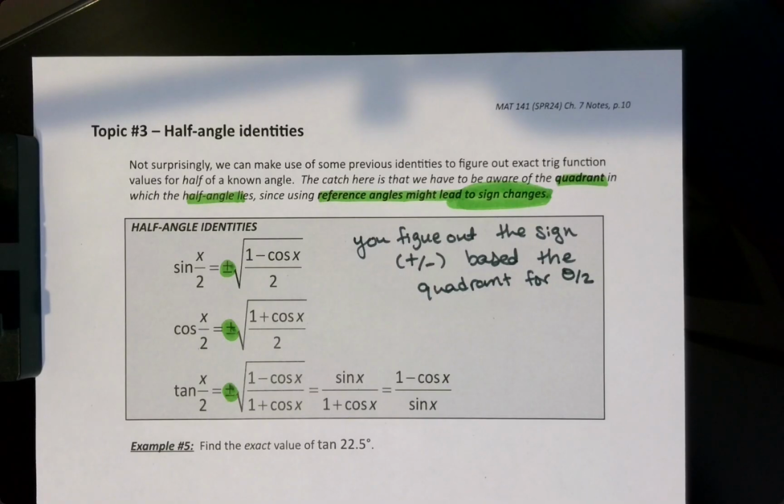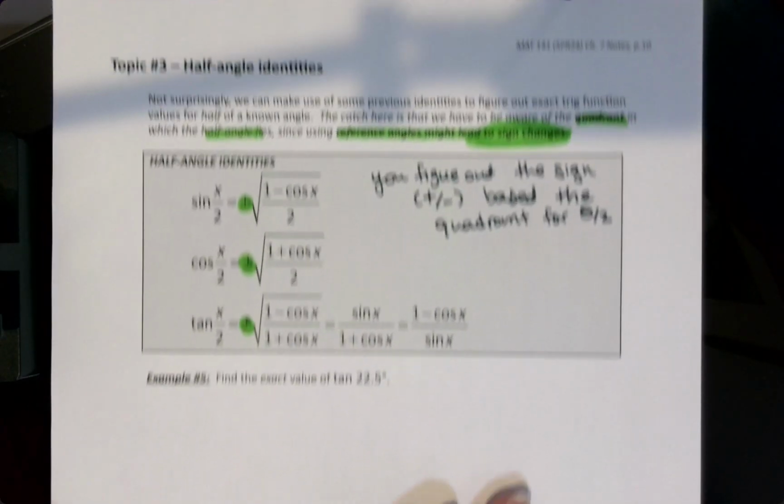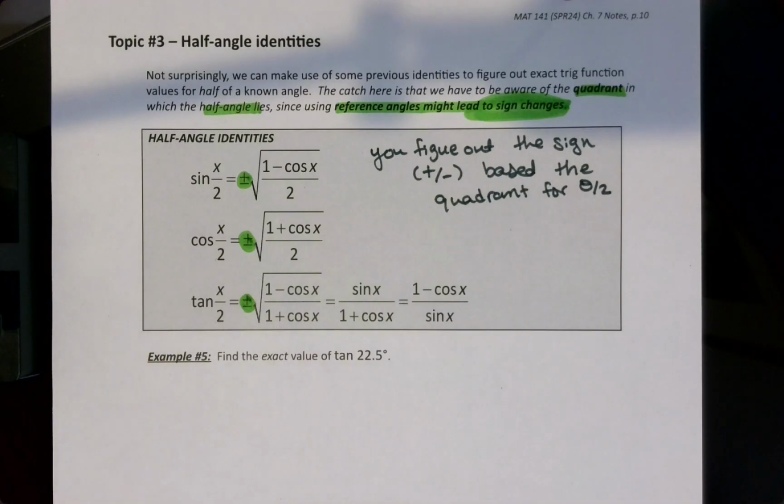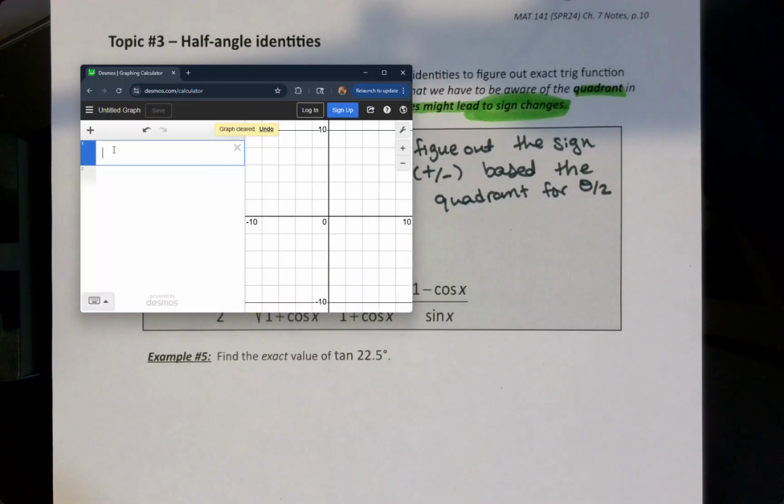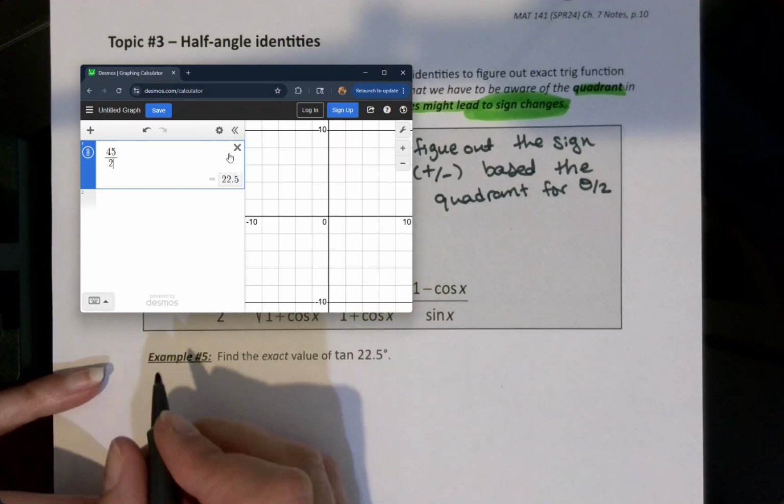Okay. All right, so let's take a look. We've got an example. Find the exact value of tangent of 22.5 degrees. That's not a special angle. However, 22.5 is half of 45, and 45 is a special angle.